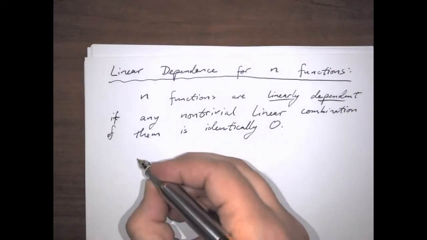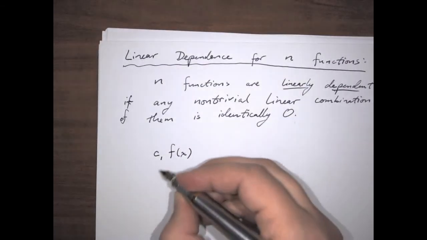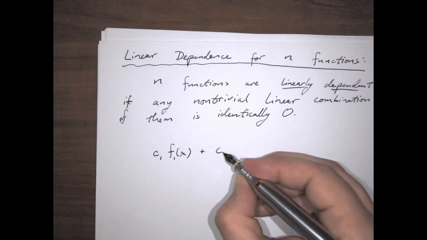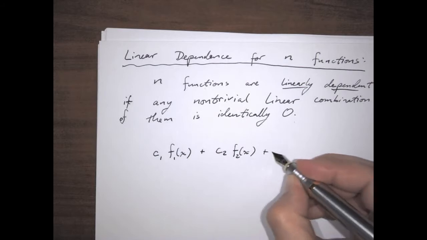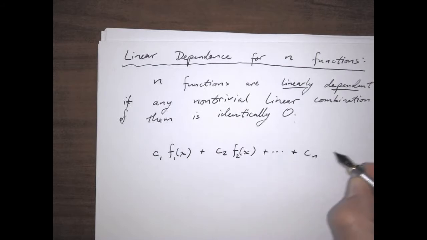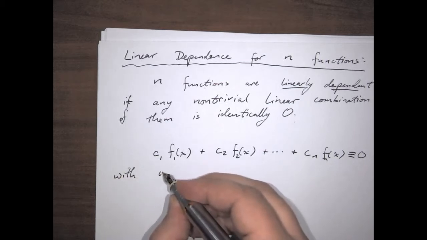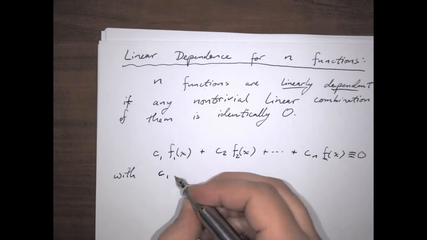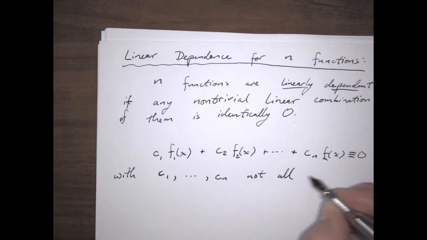In particular, C1 f1 of x plus C2 f2 of x up to the last one, Cn fn of x is identically equal to 0 with C1 up to the last one, Cn, not all 0.